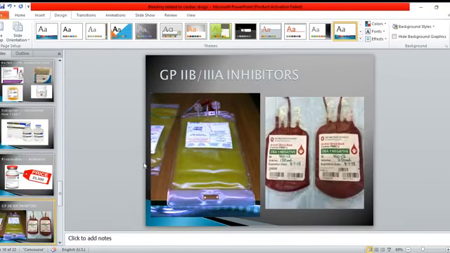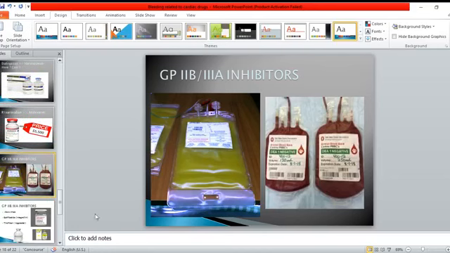The glycoprotein 2B3 inhibitors are only used in certain specific situations, and my colleagues, the cardiologists, already know. The patient may be given it during a procedure, during PCI with a high thrombus burden or a high risk situation. So it's not used routinely for acute therapy of acute coronary syndrome.